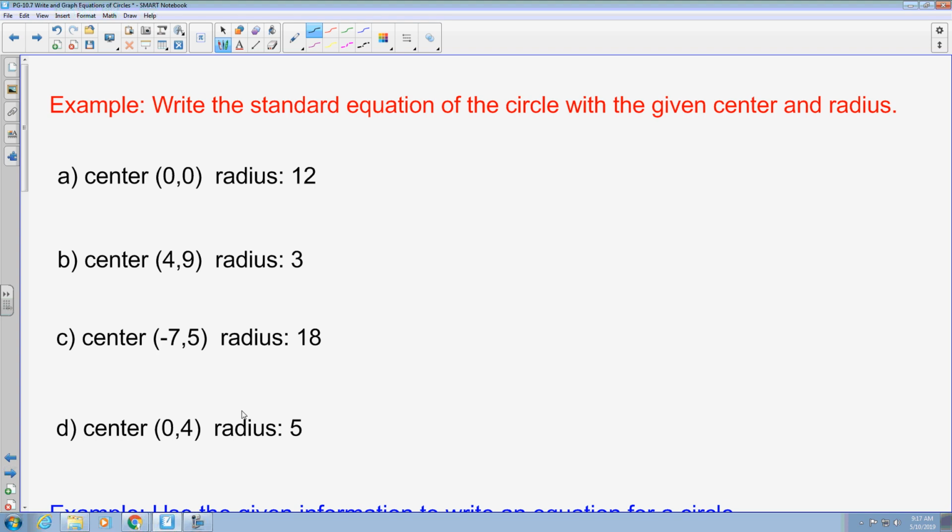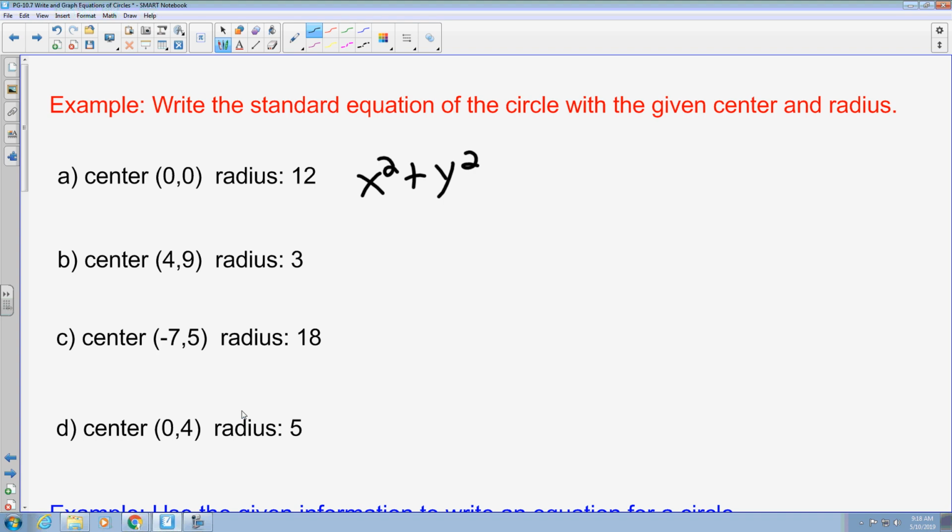So here they're asking us to write the standard equation of a circle with a given center and given radius, very similar to what we did on the previous page. They just give you the information rather than you have it on a graph or coordinate plane. So since the center is 0, 0, I know that's going to be x squared plus y squared, because x minus 0 is just going to be x, and y minus 0 is just going to be y.